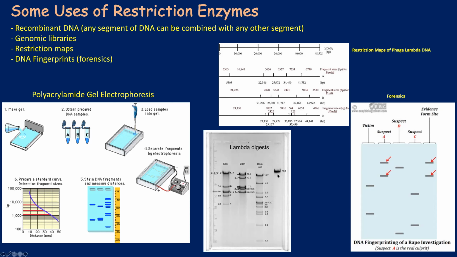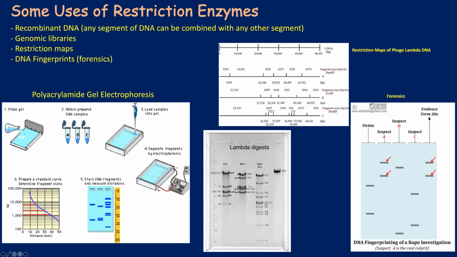Now, this technology is important for a lot of different reasons, but one in particular is forensics. Now, this is a DNA fingerprinting of a rape investigation. So the DNA was taken from the victim, and then there were 3 suspects, A, B, and C. And then here is DNA taken from the site of the crime.